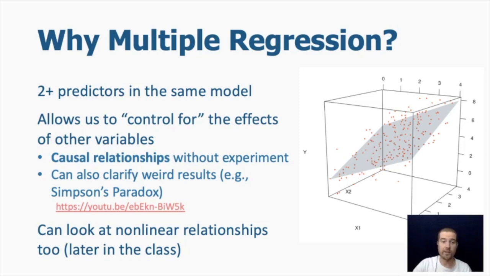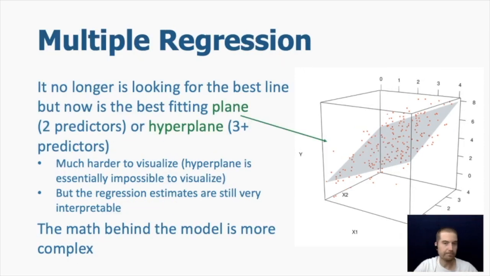What's cool is we also can look at nonlinear relationships too when we're using multiple regression. So there's some things that a straight line isn't going to quite cover, and multiple regression lets us look at nonlinear relationships as well. What this does is it actually complicates the model a little bit, where instead of just a line, now we have the best fitting plane.